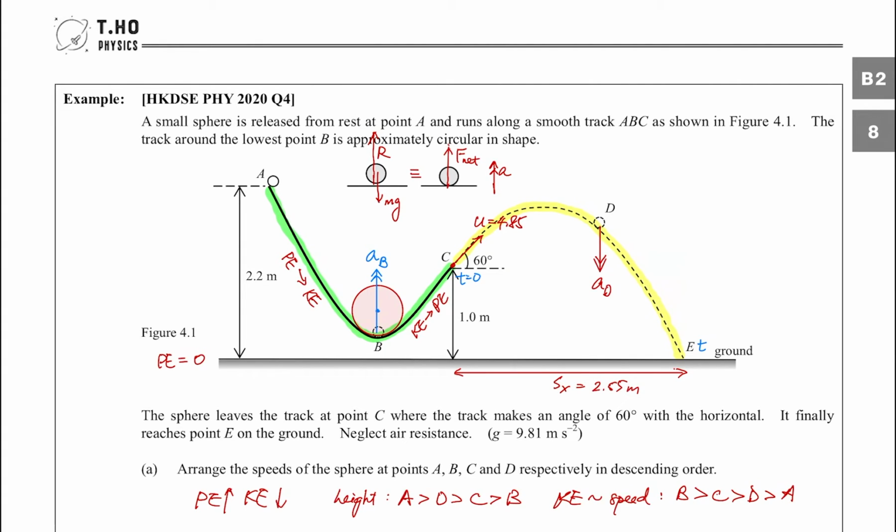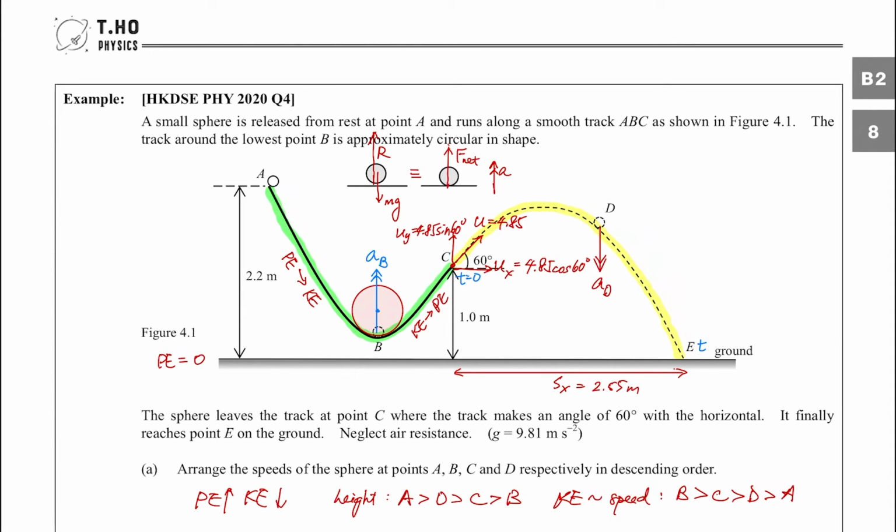We can resolve this into Ux, which is given by 4.85 cosine 60, and the vertical part, Uy, which is equal to 4.85 sine 60 degrees.